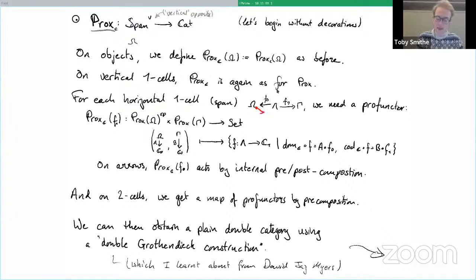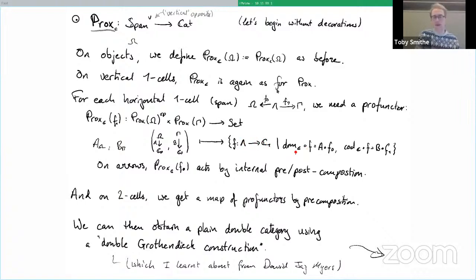So given a span like this from omega to gamma, I need a profunctor from Prox omega op and Prox gamma into Set. So on the objects, say I've got some object A, which is parameterized by omega, and some object B parameterized by gamma, then I can define this set of lambda proxied morphisms.